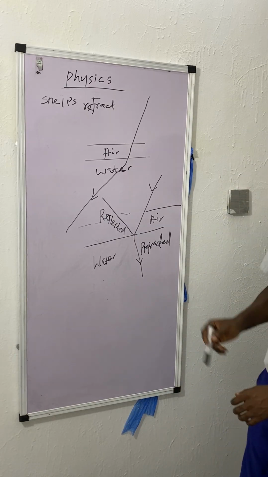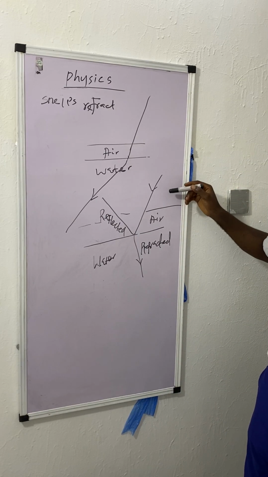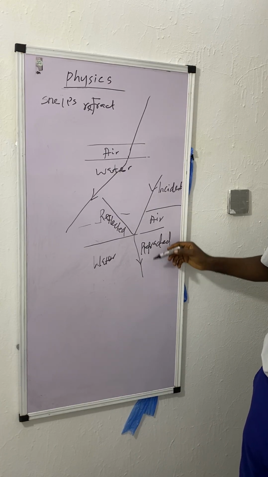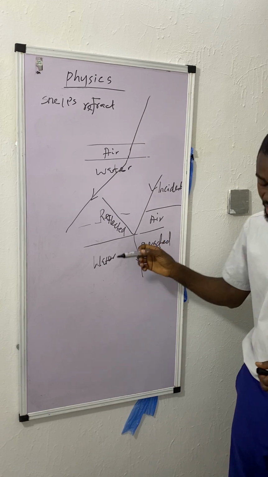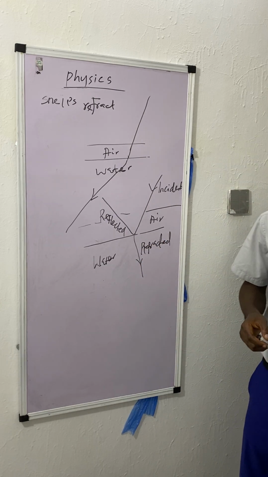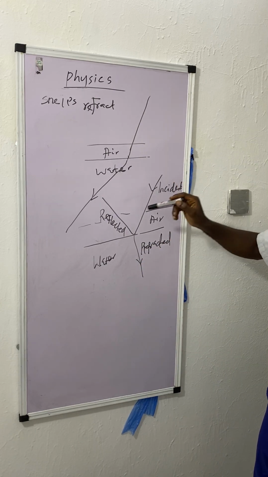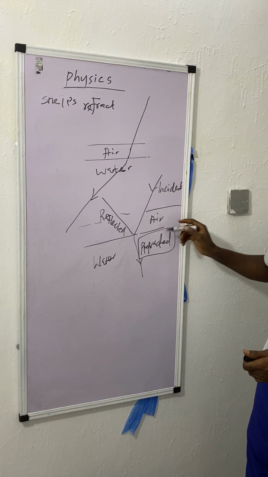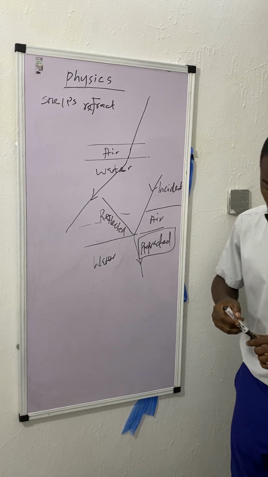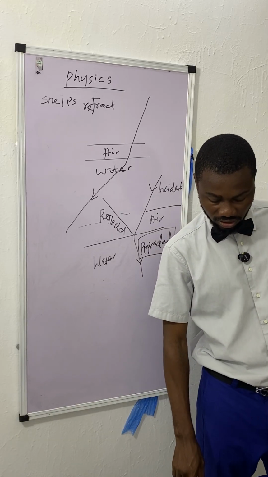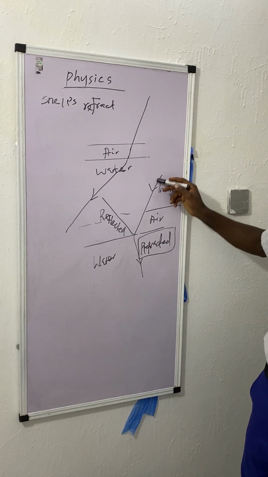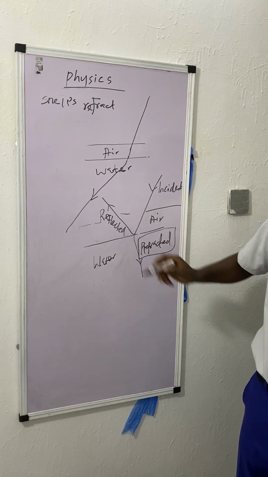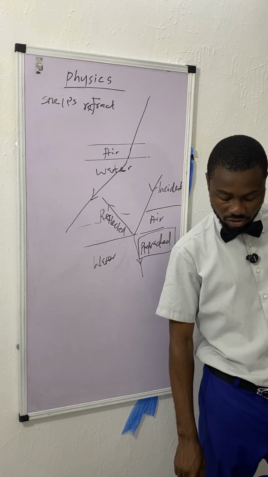So the incident angle, the refracted angle, and the reflected angle are all in the same plane. Yes. The incident angle and the reflected angle are usually the same, but the refracted angle is usually different from the incident and the reflected angle. Okay, don't forget that. So the light enters from here, incident, refracts, bends, and comes out of the medium that it entered through.